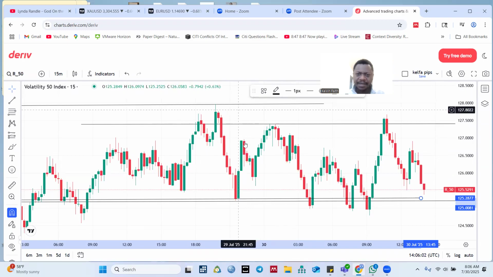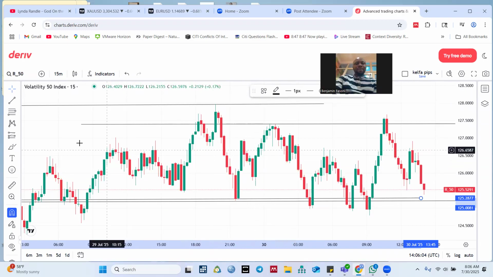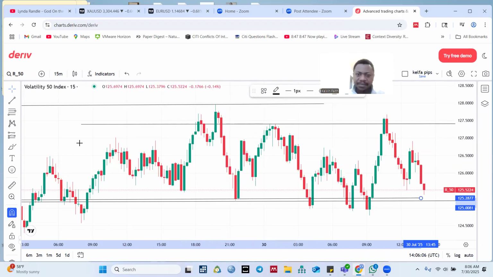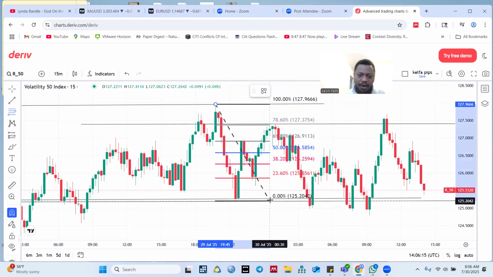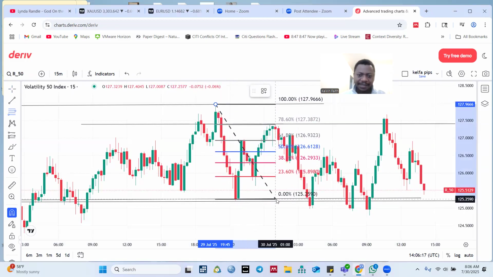I use this as my context. So then I would use my Fibonacci to measure from the top to the low and then see. So notice that the first fair value gap falls inside 61.8%.